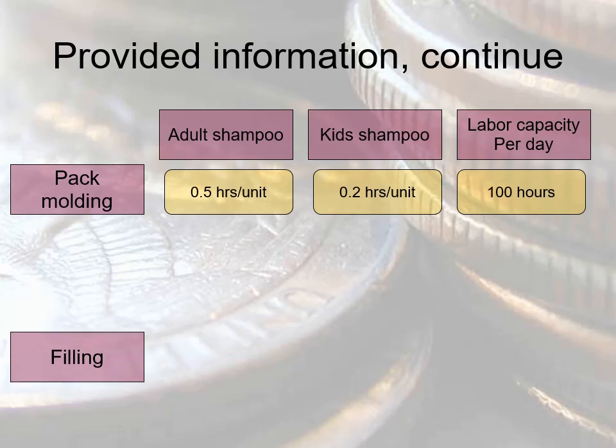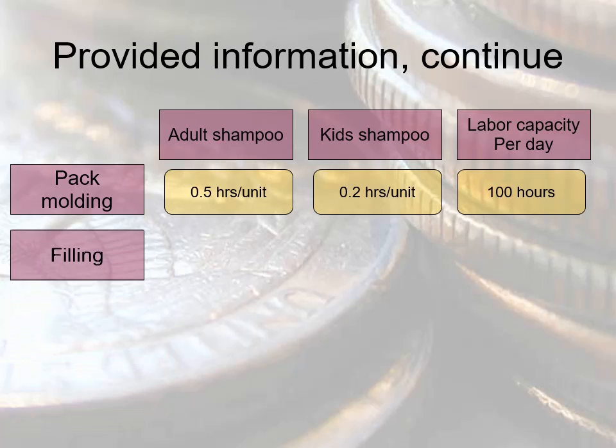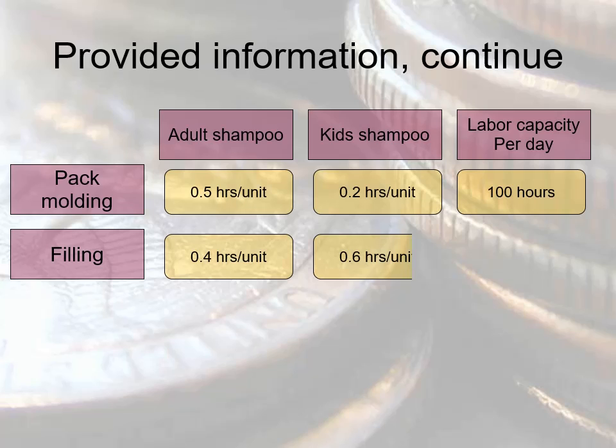For the filling section, we need 0.4 hours per unit to produce one adult shampoo, and we need 0.6 hours per unit to produce 1 unit of kids shampoo, and the total labor capacity per day is 150 hours.